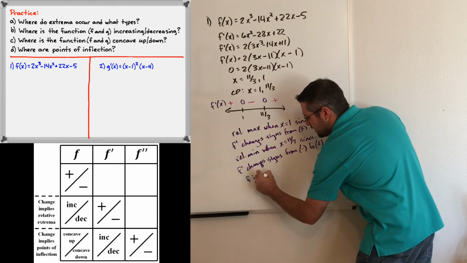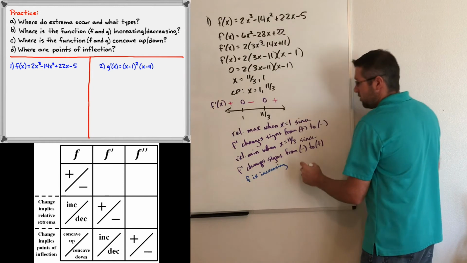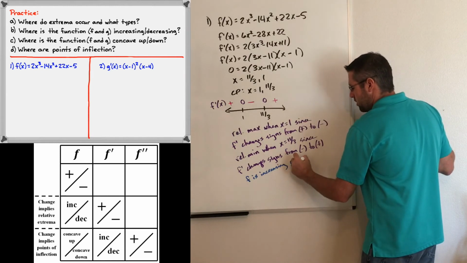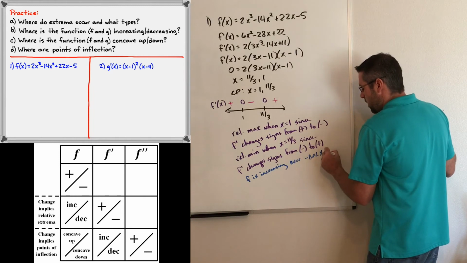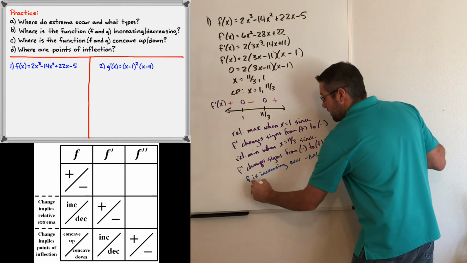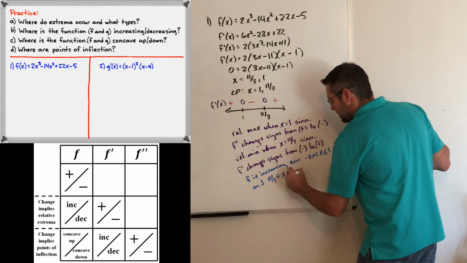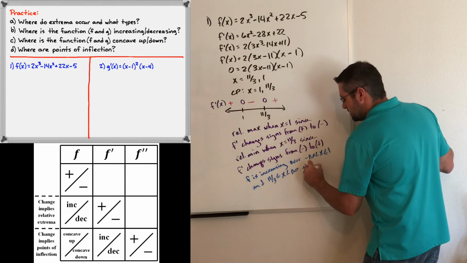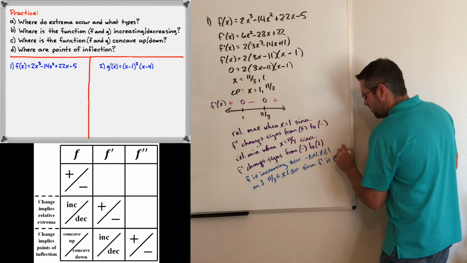F is increasing over negative infinity less than x less than 1 and 11/3 less than or equal to x less than infinity, since f prime is positive.